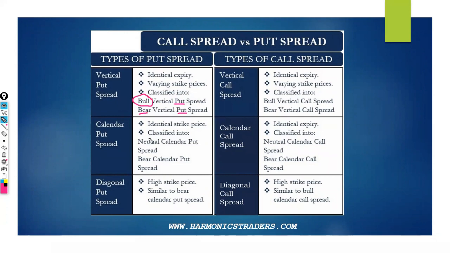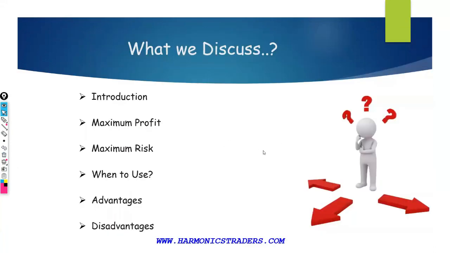In calendar we will be doing it with different expiry dates, that we'll discuss a little later. These are the things we are going to discuss about each spread: what is the maximum profit, maximum risk, when to use. The advantages and disadvantages we are not going to see too much, because they are common to almost all the spreads.